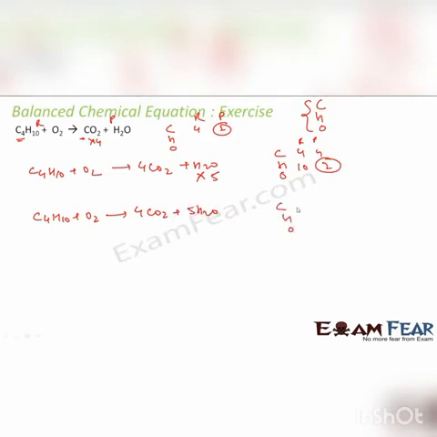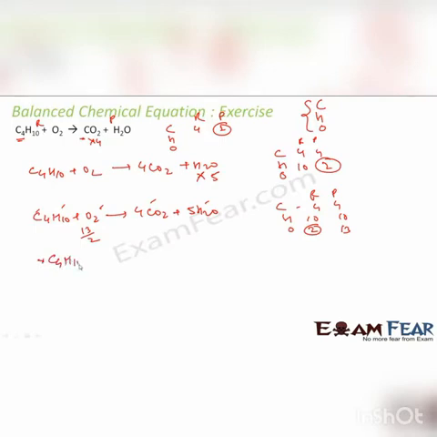Let's again compare CHO, reactant and product. Carbon is 4, product carbon is 4. Hydrogen we have 10, hydrogen we have 10. Oxygen we have 2 here, and we have 4 into 2, 8 plus 5 is 13. So here we have 2, here we have 13. So let's multiply by 13 by 2. Correct?